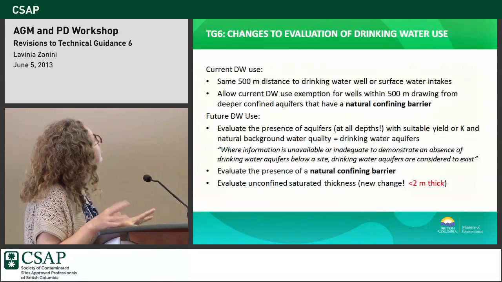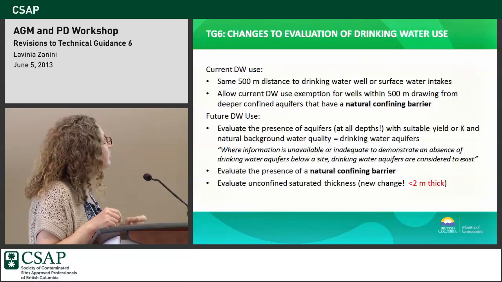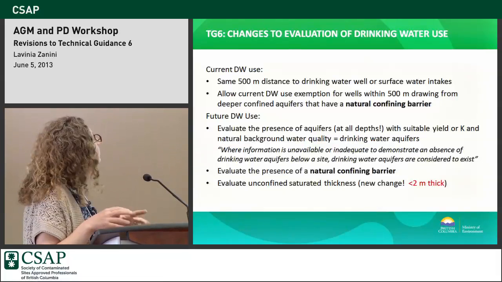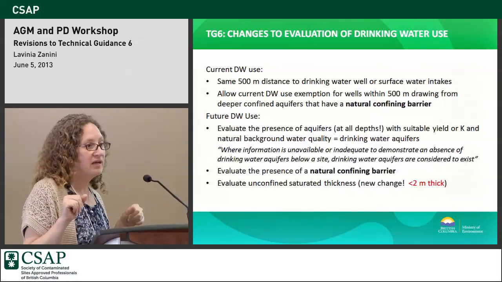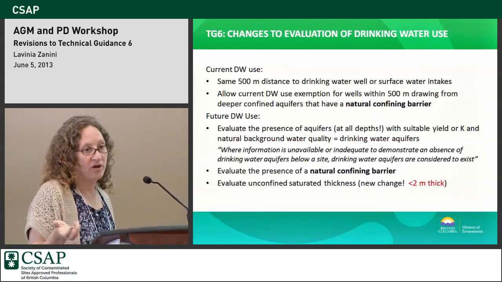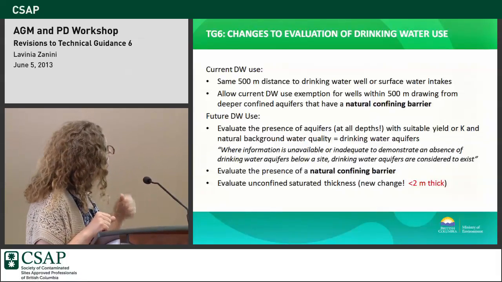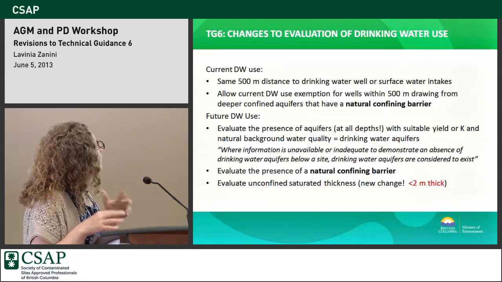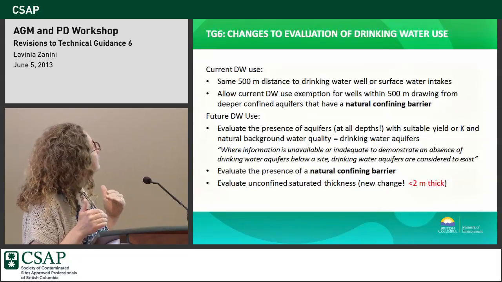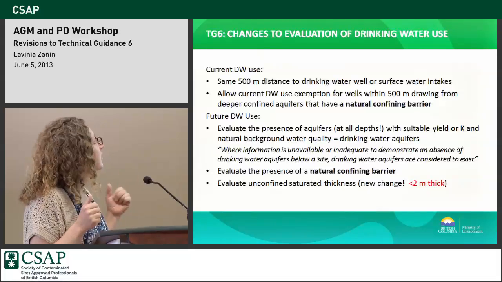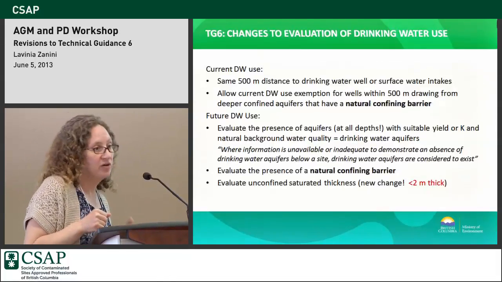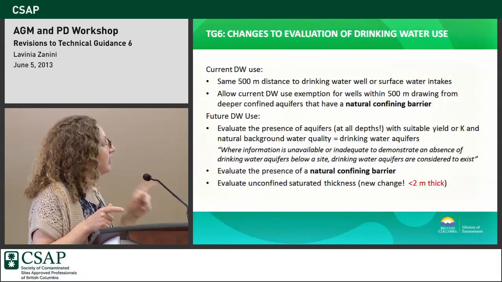Under the changes to the evaluation of drinking water use, it's still the same for current. When you evaluate current DW use, it's still 500 meters from a nearby water well or surface water intake. But we added that you can exempt shallow aquifers if your current wells are within 500 meters but drawing from a deeper confined aquifer that has a natural confining barrier.